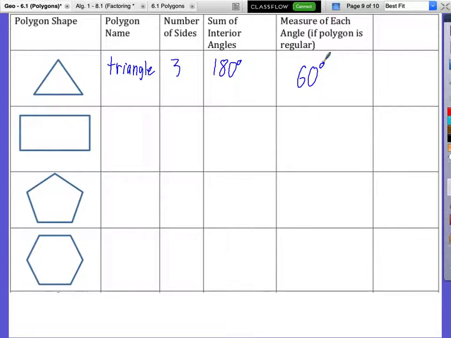I have a heptagon and nothing else. 2, 3, 4, 5, 6. I don't think I got 9 on here. That's a super easy one. I didn't mean to give that one out.